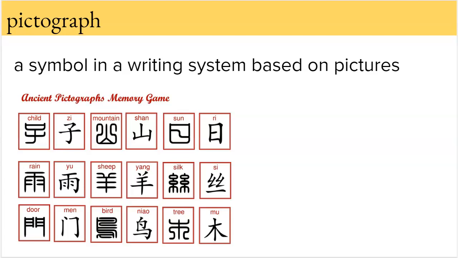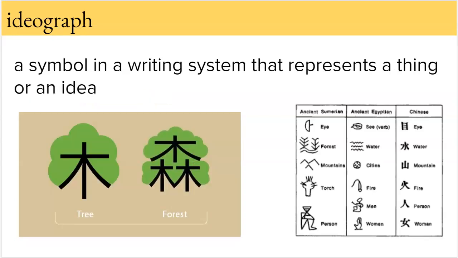Pictograph, a symbol in a writing system based on pictures. So here you see some examples of pictographs in ancient Chinese. Ideograph, a symbol of a writing system that represents a thing or an idea.